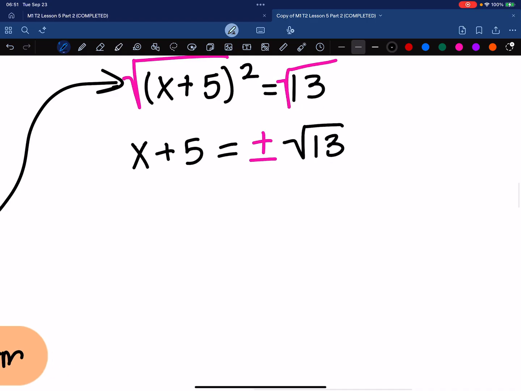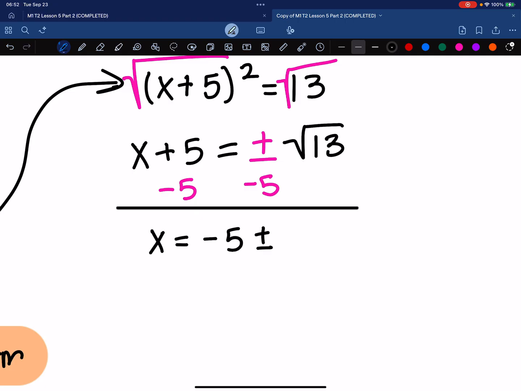So from here, we would just subtract 5 from both sides. And we get x is equal to negative 5 plus or minus the square root of 13.